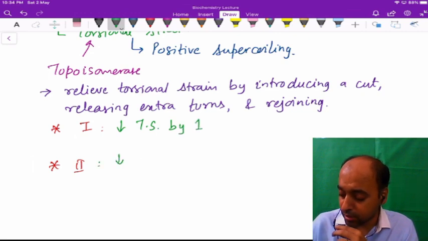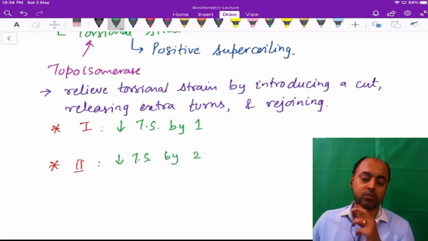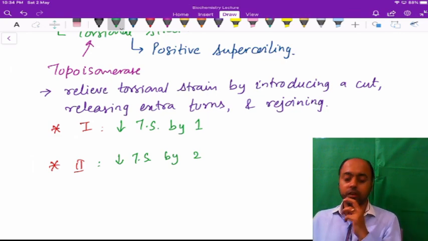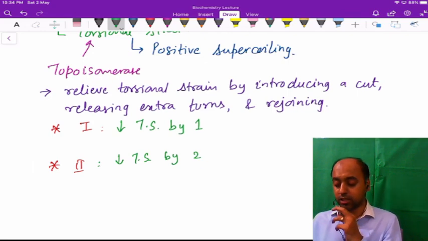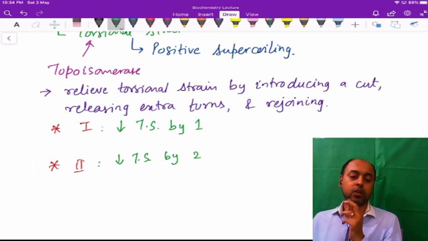Class 2 decreases torsional strain by 2 turns. Okay, so torsional strain decreased by 1 turn by topoisomerase 1. The torsional strain decreased by 2 turns by topoisomerase class 2.